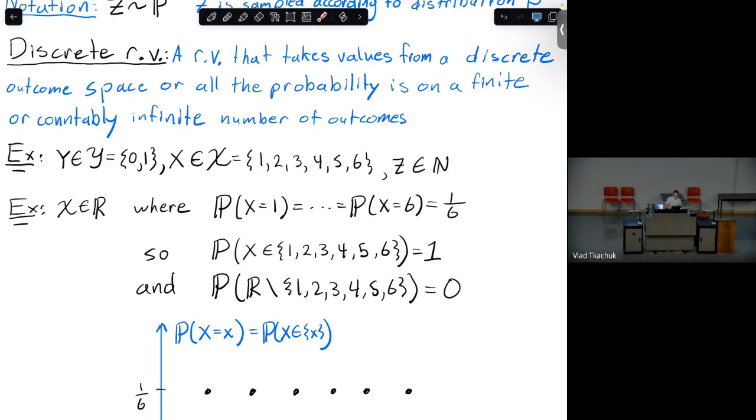So the probability for this outcome space is going to be 1/6. Okay. And so here, what I'm claiming is that you can extend this outcome space to basically all the real numbers. So take this outcome space, extend it to the real numbers, but keep the probability at these discrete number of outcomes as 1/6.